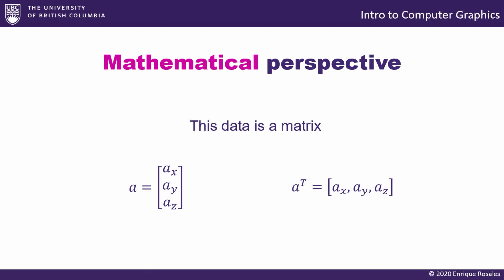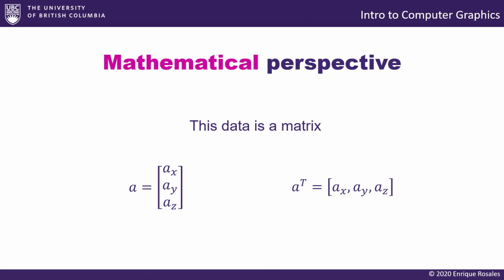And this is actually very important. It's not just how you write it, right? And sometimes some books say the row version is better because it's just shorter, or it's just easier to put in a book, because it's aligned with the paragraphs. Yeah, that's true, but the thing is, depending on which notation you're using is the way you process certain operations, specifically with matrices. But I will explain that later. But for now, let's just understand that from the mathematical perspective, this data is just a matrix.